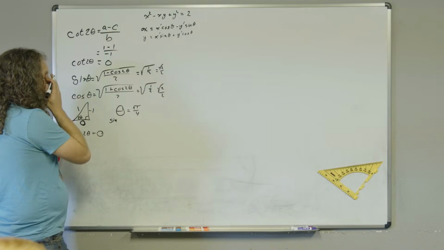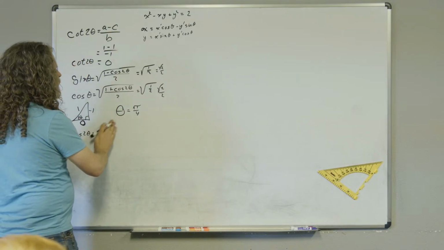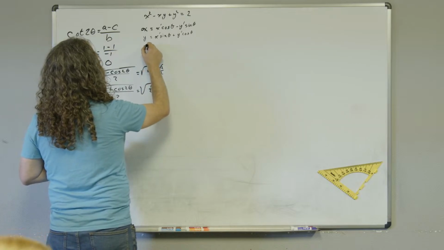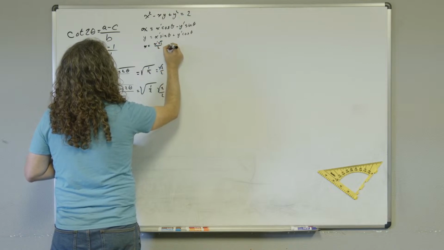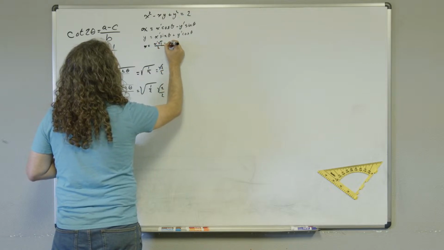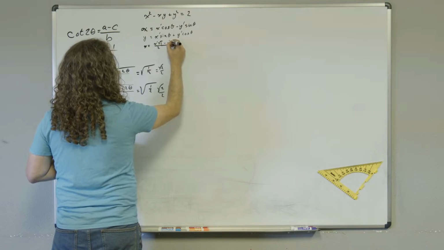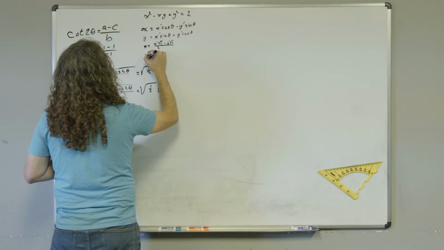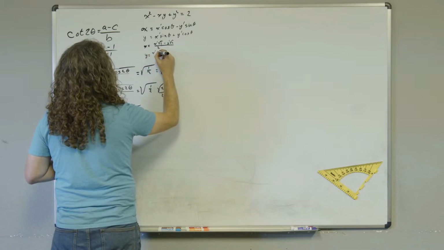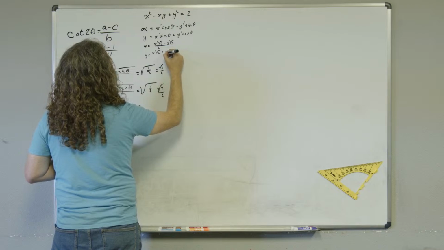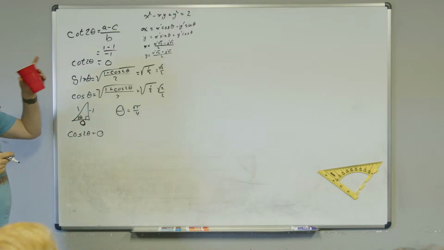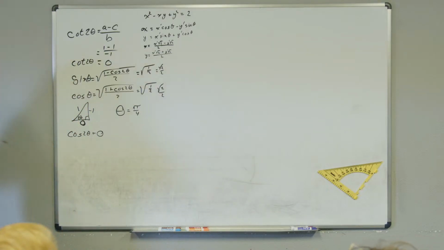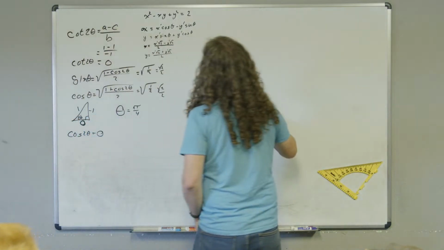Square root of 2 over 2. They're all square root of 2 over 2. So x equals x prime square root of 2 over 2 minus y prime square root of 2 over 2, and y equals x prime square root of 2 over 2 plus y prime square root of 2 over 2. Then we shove it into that thing. Okay, I see. All right.